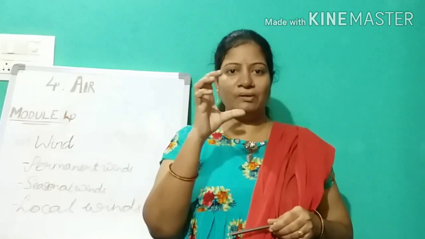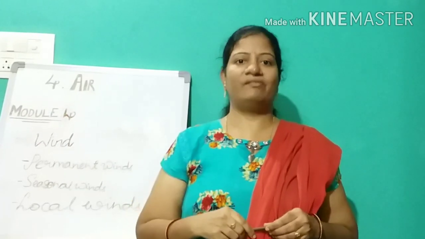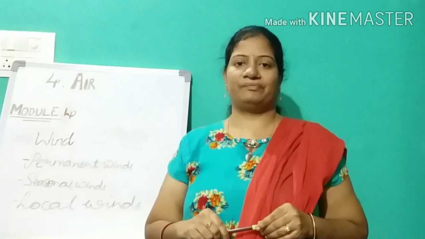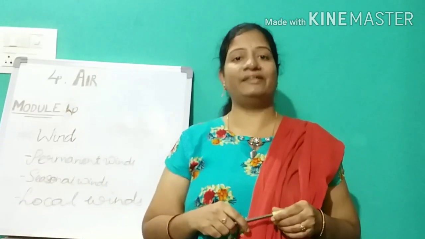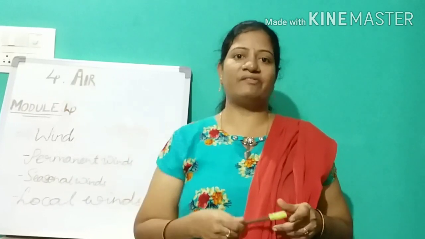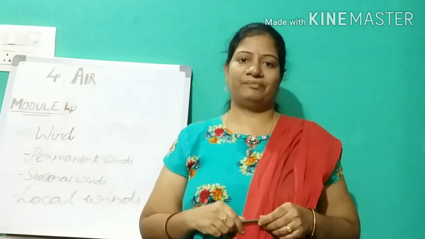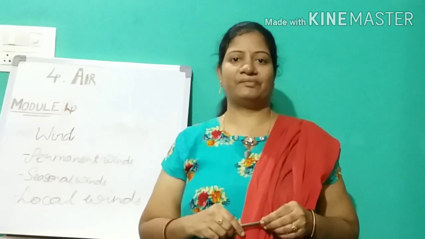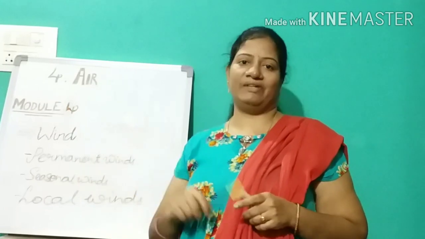It will blow every year on a particular day or time, without fail. Those winds are called periodic winds. So they will not blow the entire year. Just like planetary winds, they will have a certain period or time in a particular area. So these are called seasonal winds or periodic winds.